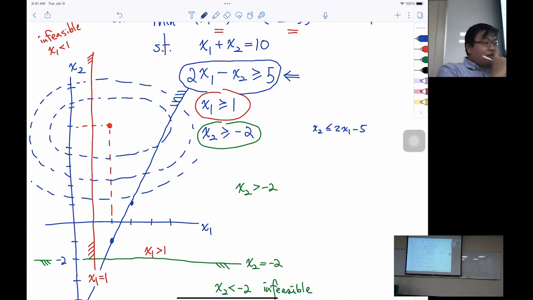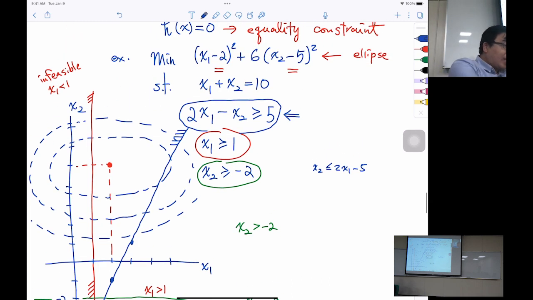But from here you realize there is an equality constraint. That is different. Equality constraint means this function must be satisfied. You cannot obey this one. So how does it look like?